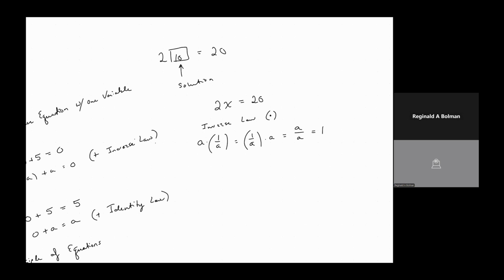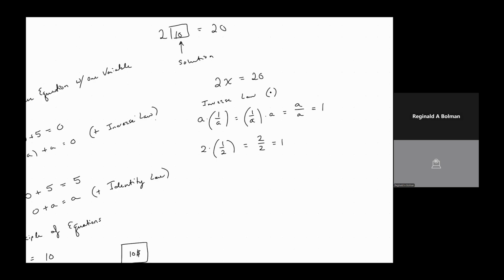If you multiply it by 1 over that term, you're always going to get 1. Just as an example of that, 2 times 1/2 will give you 2 over 2, which gives you 1. If you did 3 times 1/3, you get 3 over 3, which gives you 1. Any number times 1 over itself always gives you 1 under multiplication.